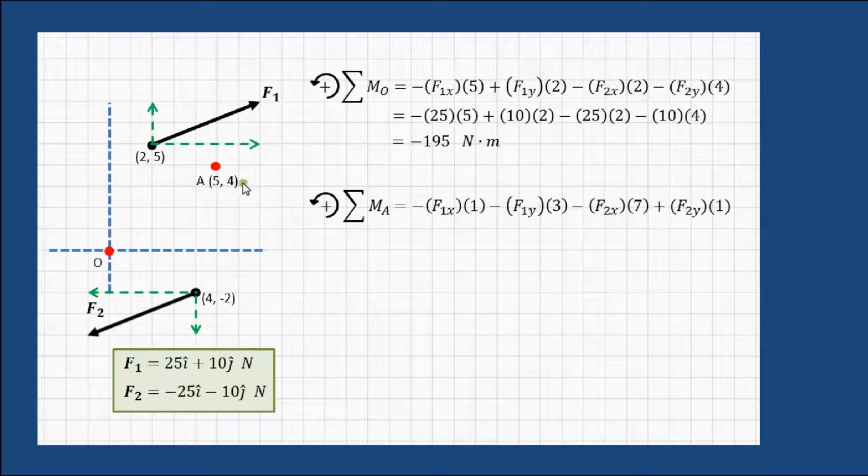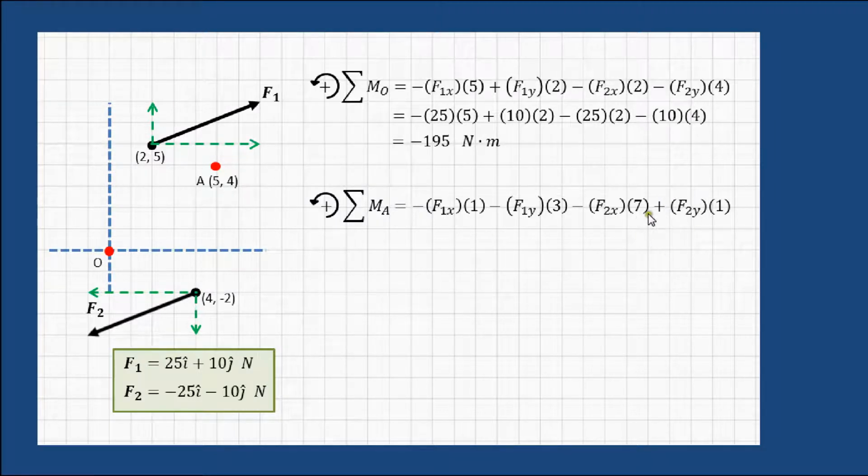If we do the same thing for the moment about point A, the x component causes a negative moment at a moment arm of 1. Its y component again has a moment arm of 3, again comes in as negative. Now the F2x component has a moment arm of 7 and again causes clockwise rotation.